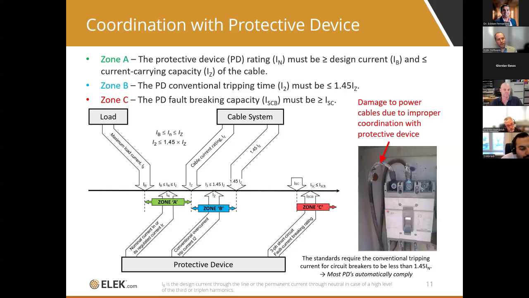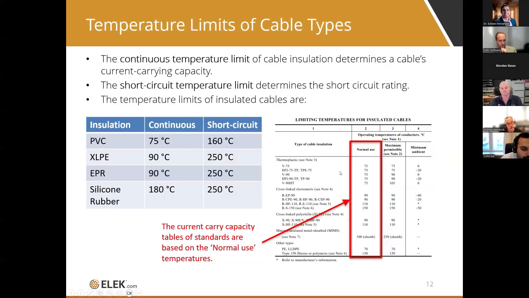That could also have been caused by short circuit. The protective device short circuit rating must be higher than the maximum short circuit of the cable circuit as well. So that's about the coordination between the protective device and the cable sizing.